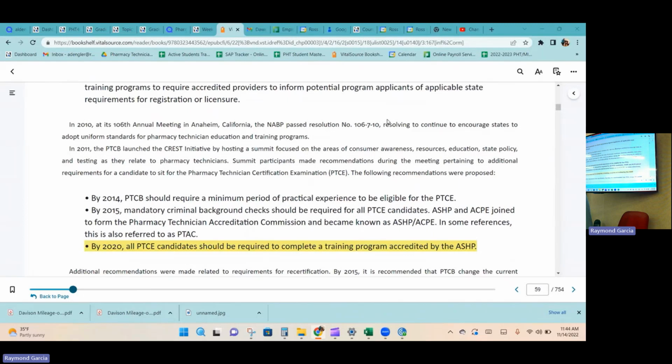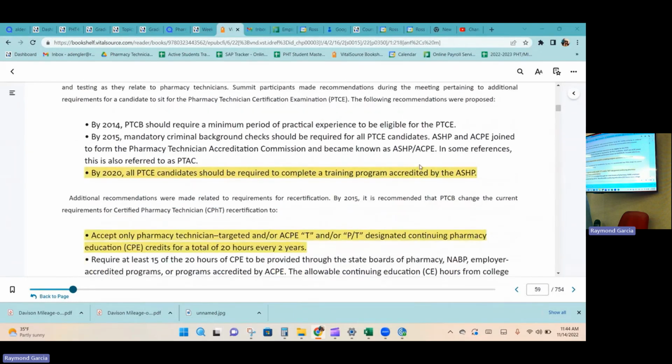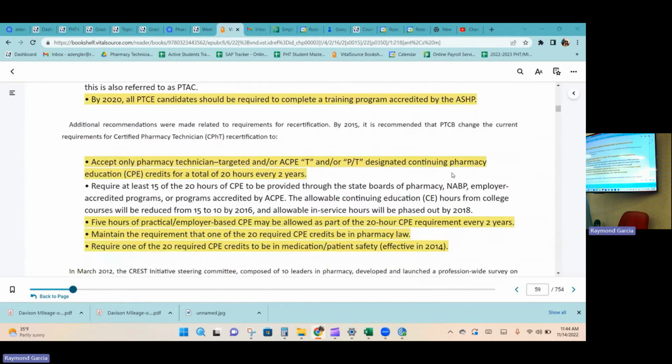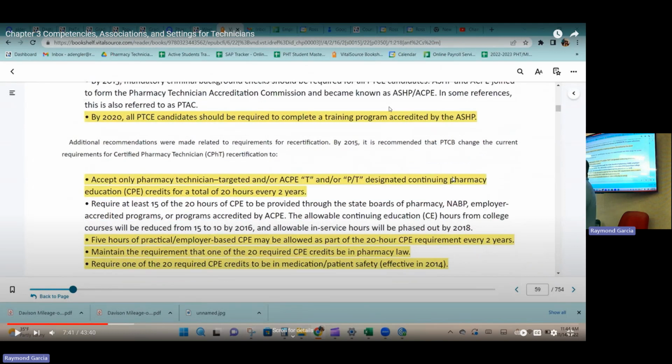By 2020, all PTCE candidates should be required to complete a training program accredited by the ASHP. So as of 2020, it is officially required 100% that a training program be completed. Okay, so we're the training program, and next semester, in your senior year, around spring semester, you'll start your clinicals.